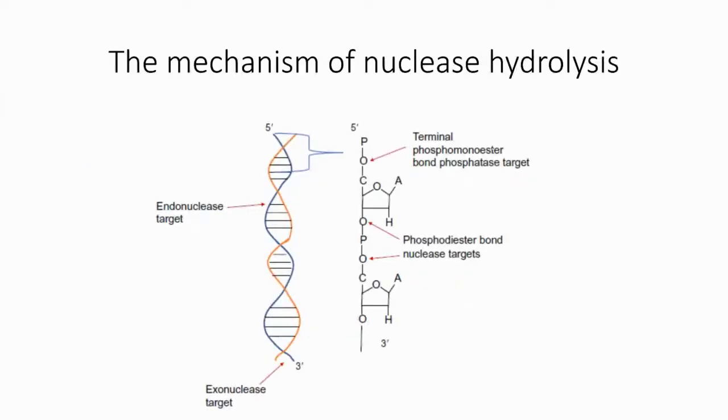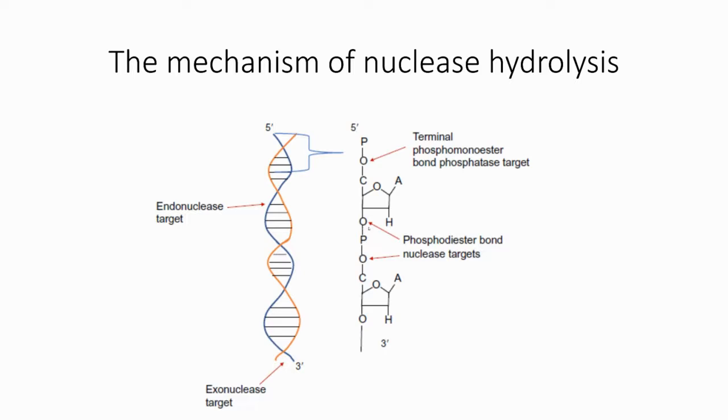This is just to show you. At the end of the DNA molecule, we have this phosphomonoester bond, and this will be the target for the terminal phosphatase. And also we have the internal phosphodiester bond that will be a nuclease target.